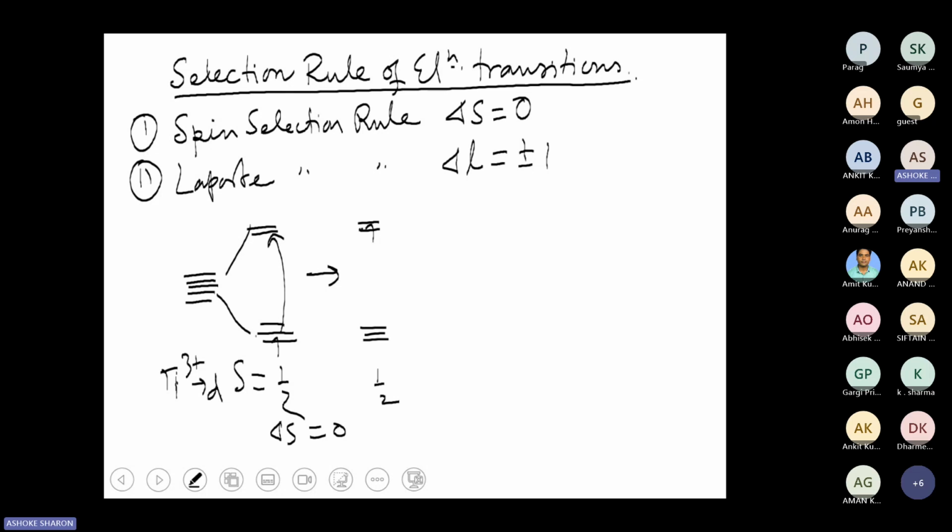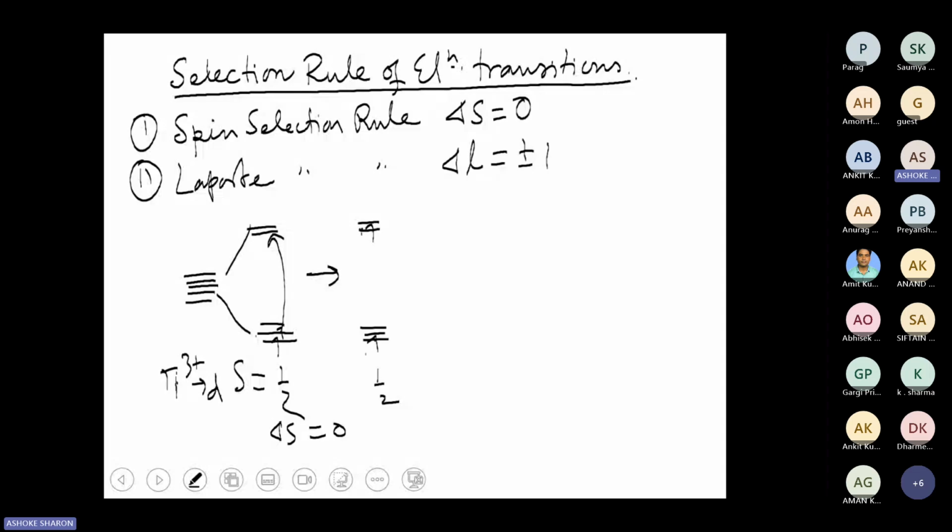That's why titanium 3 plus shows a pink color. If I take a D2 electronic system, suppose vanadium 3 plus, it is also colorful. In the vanadium 3 plus or D2 system, after the transition, the electronic configuration will be this. There is one electron here, and one electron here.